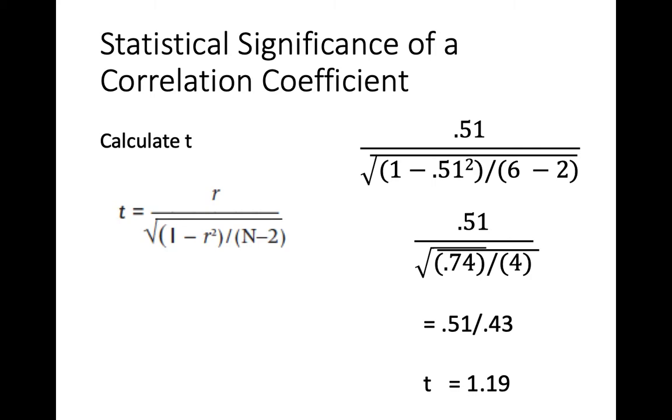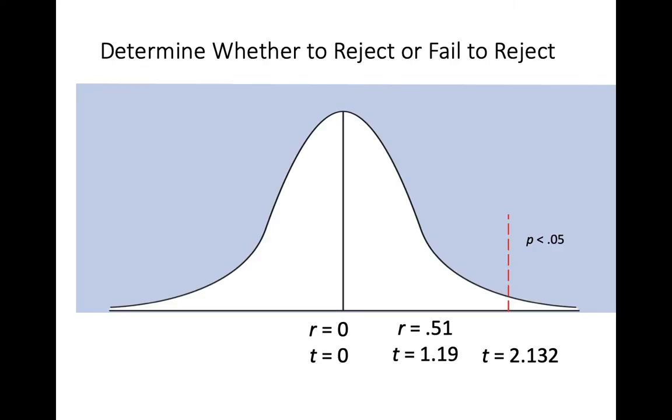So then what we're doing is we're saying, okay, so how many standard errors is 0.51 away from the mean? So when converted to a t, 0.51 is 1.19 standard errors away from the mean, okay, in that particular t distribution, which is based on degrees of freedom 4. Okay, does that surpass the critical value? No, it does not, because we had set up as our critical value 2.132.